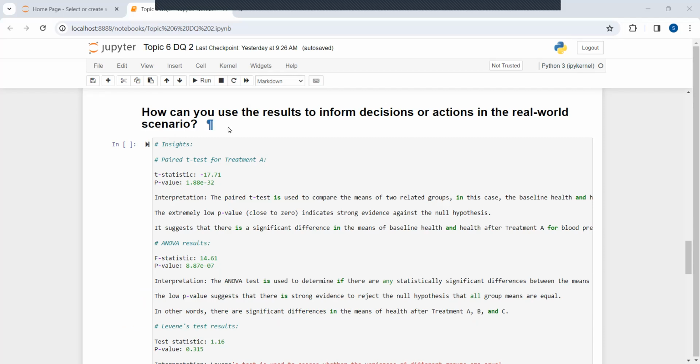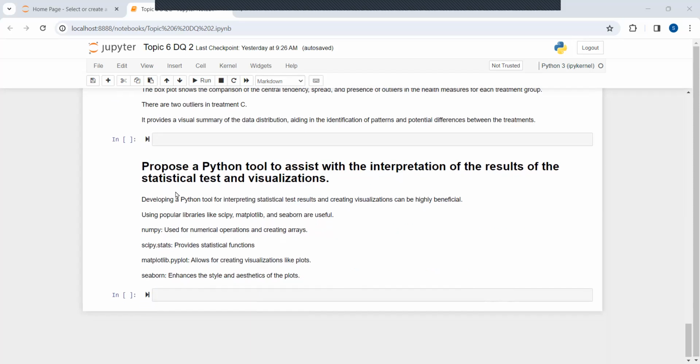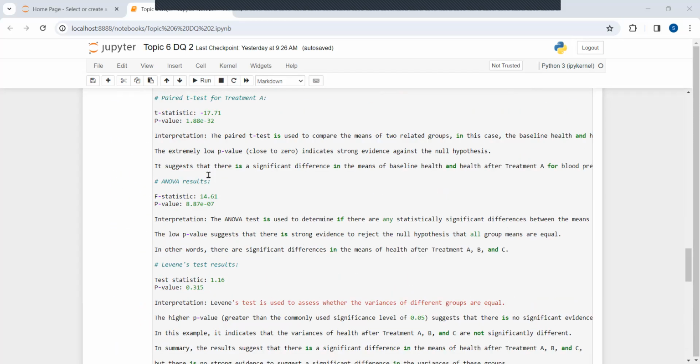The insights from this are that the paired t-test is used to compare the means of 2 related groups. In this case, the baseline and health after treatment A were utilized for blood pressure.